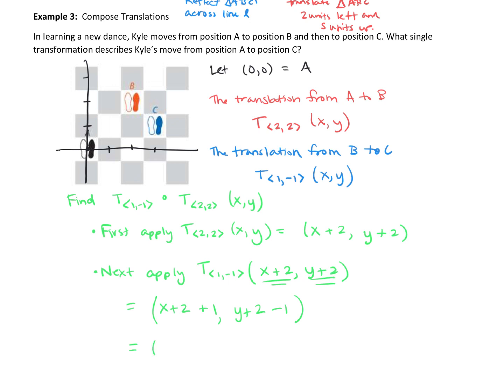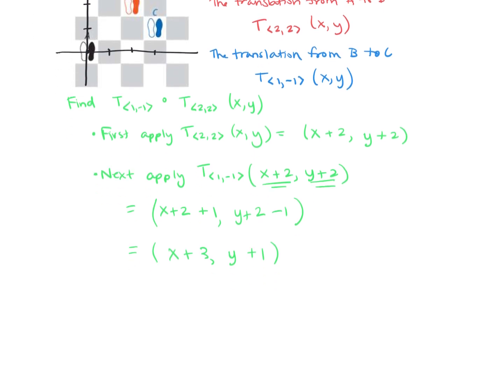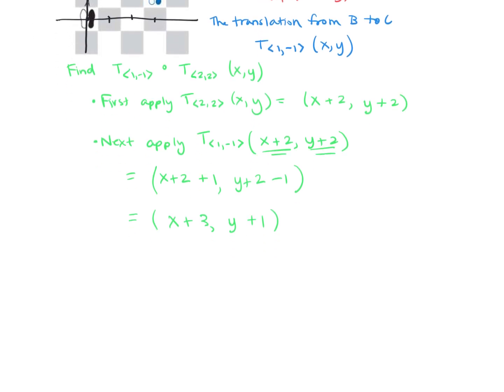So in the end, we end up with x plus 2 plus 1 is x plus 3, and then y plus 2 minus 1 results in y plus 1. So our final rule that combines both of these is a translation, and our x-coordinate, we want to go 3 to the right, so positive 3. Our y-coordinate, we want to go up 1, so positive 1. So the translation of 3, 1 is a composition of those two translations that we saw. And we'll just say of point A, since we are looking at point A.